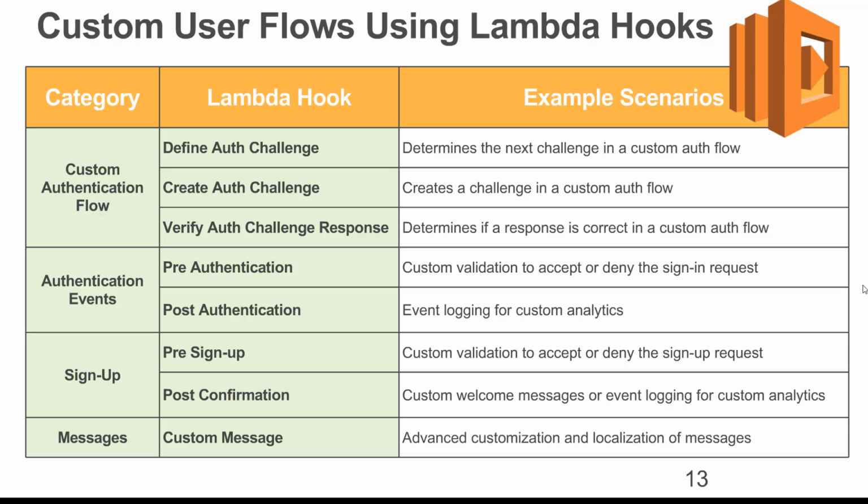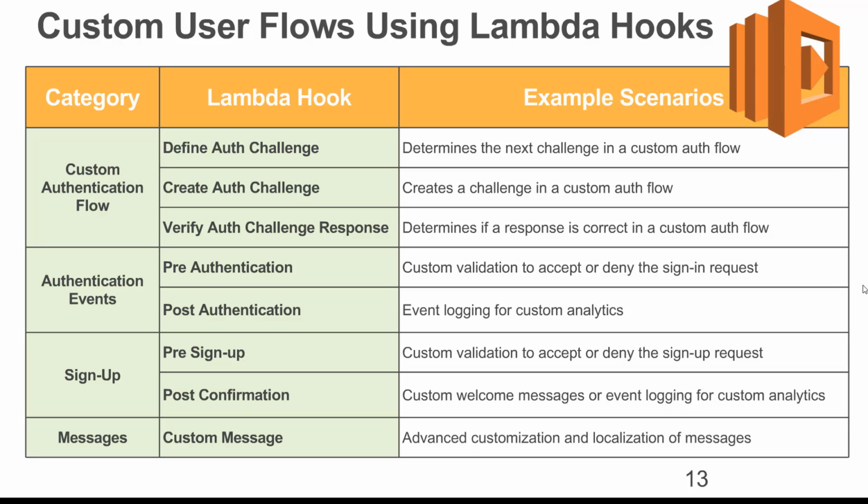You can also, as I'm moving down the slide, customize and insert logic for things like authentication events. So you can customize the validation before a user signs in, or you can do some event logging, for example. Similarly, when a user signs up, you can do some custom validation, for example, if you insert some code into a pre-sign-up trigger, or you can do some customization when a user is confirmed.